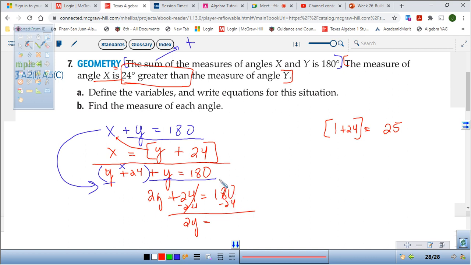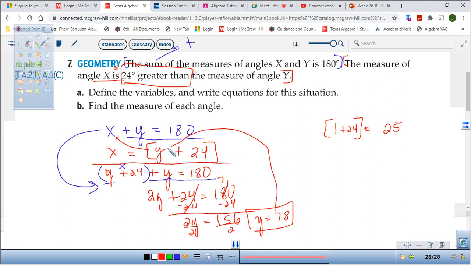Oh, no, I need to borrow. 7, 10 minus 4, 6. 10 minus 2, 5. Divided by 2. And then y is equal to 78. And there she is. So when I come out here in this one, that's 78. That's what my y is equal to.